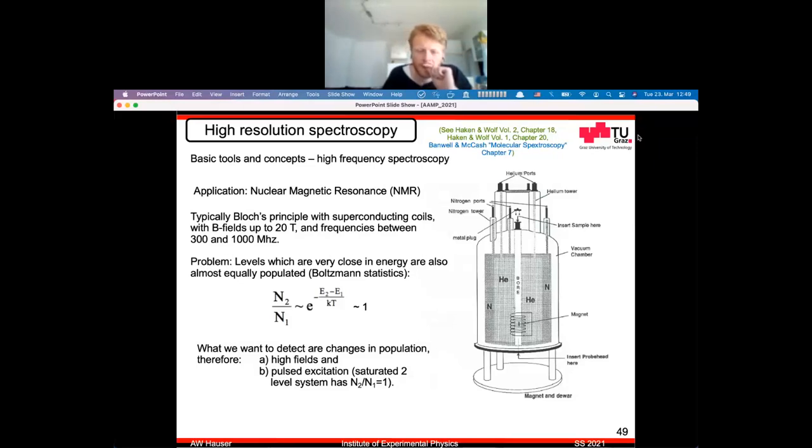And in order to be able to create these high currents in this electromagnet that you built, you have to cool this so that you're in a superconducting regime for the material that you're using. Otherwise, you would have way too much loss through heat, and it would be absolutely inefficient, and you wouldn't be able to realize this type of setup with such a high B field that you need.